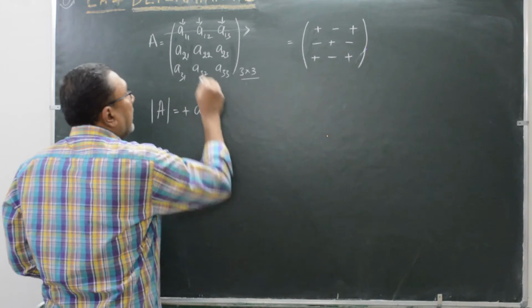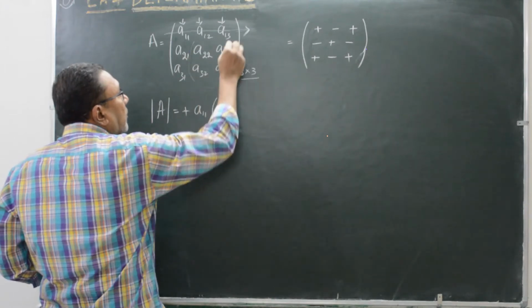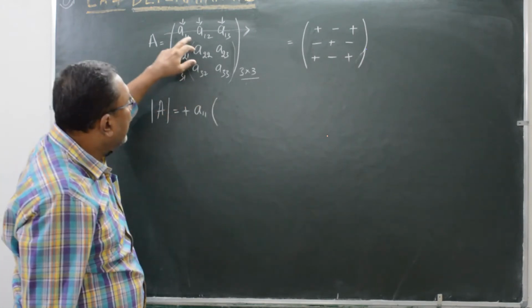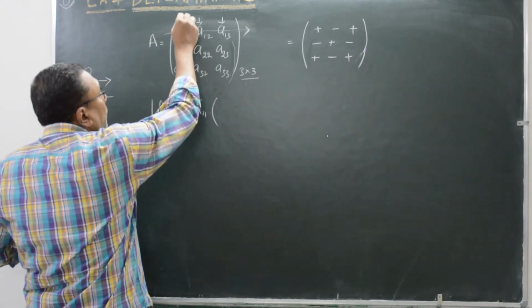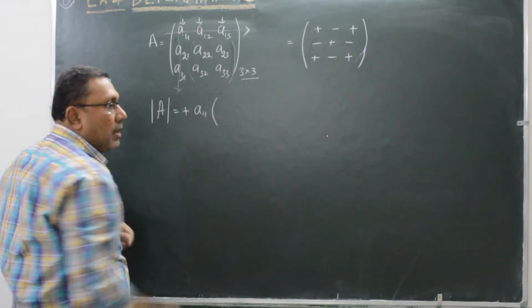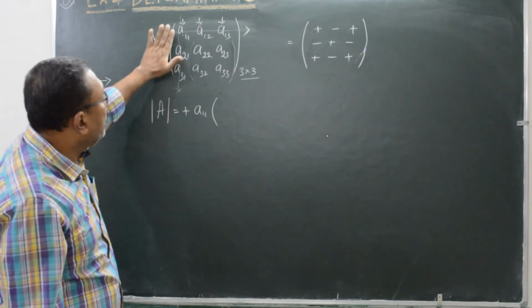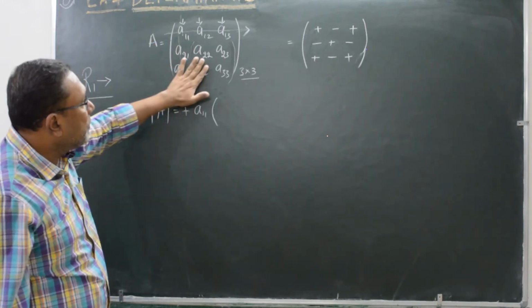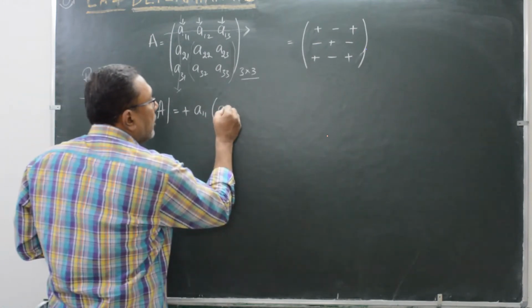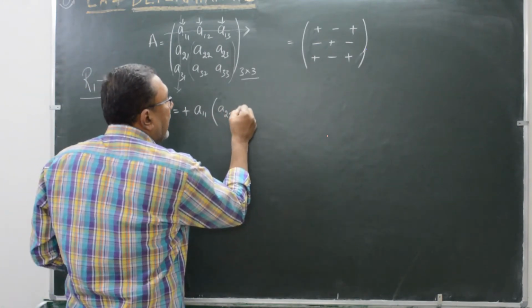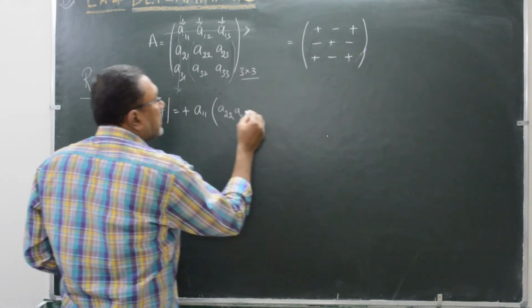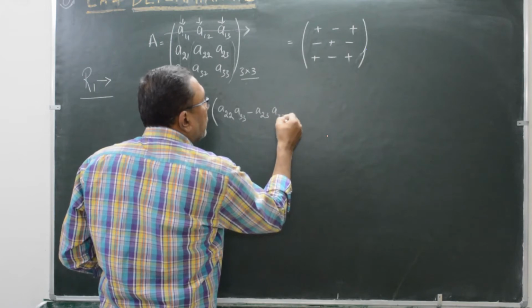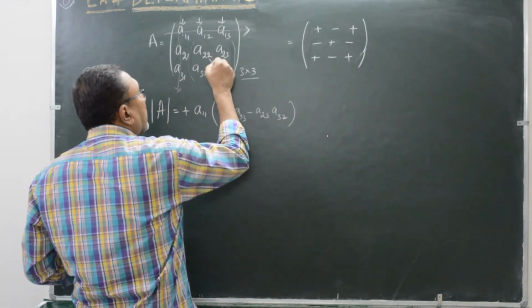Then take the 4 elements which are in 2 by 2. This particular row and this particular column, please ignore. When you ignore the first row and the first column, you are left with A22 and A33 minus A23 and A32. This is how it is done.